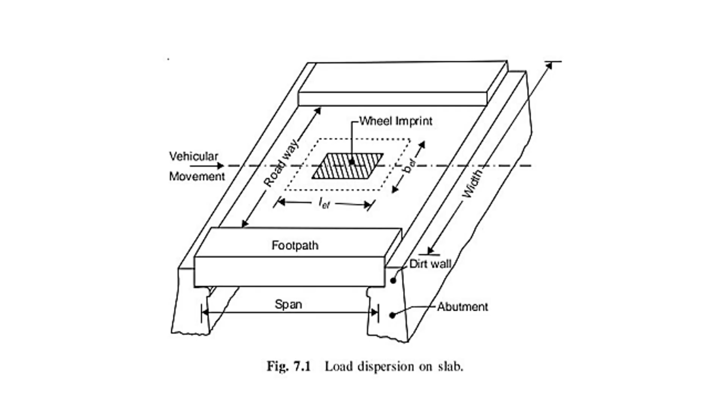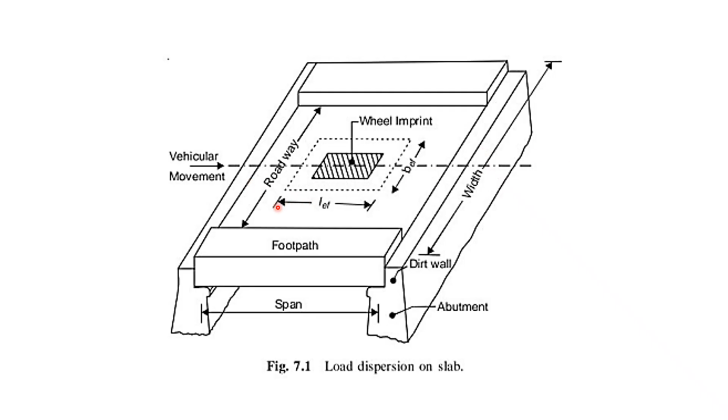So this figure shows the load dispersion pattern on the slab. Here you have the wheel imprint, in which this is the vehicular movement. This is the span, the center to center distance between the supports, and this is the vehicular movement.